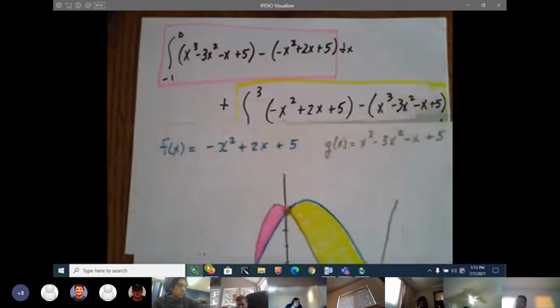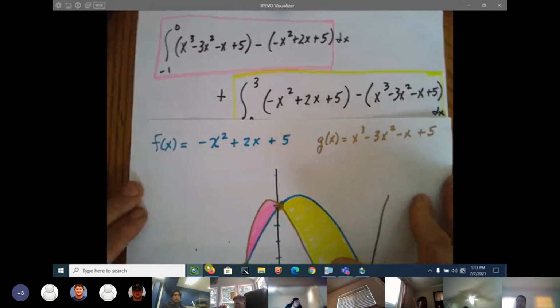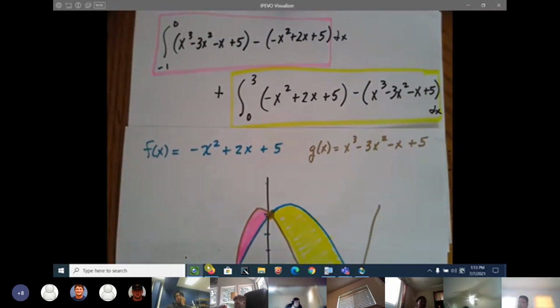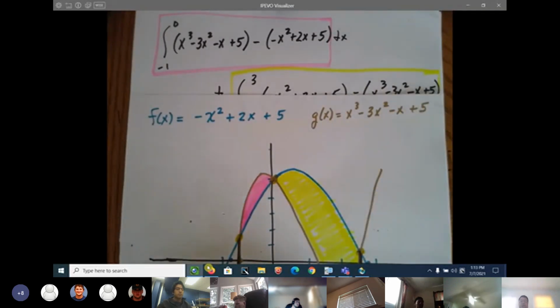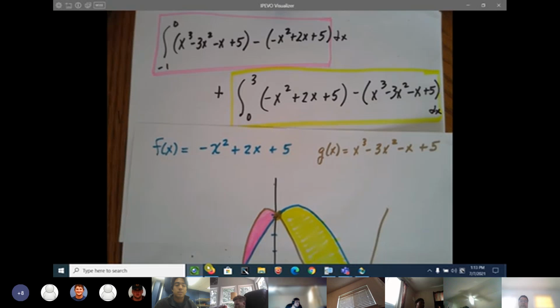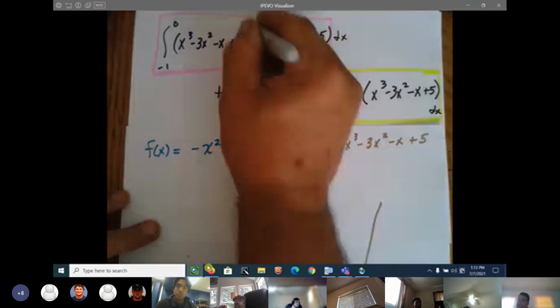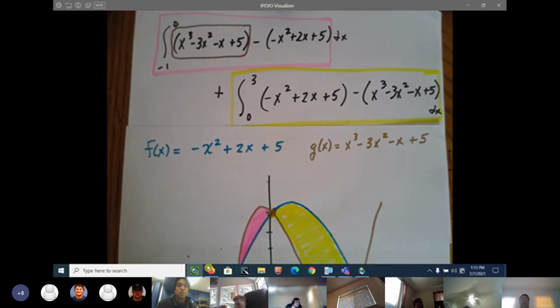So you've got, trying to get this all on one page, I'm sorry. You've got the pink region from -1 to 0 with your brown minus the blue.